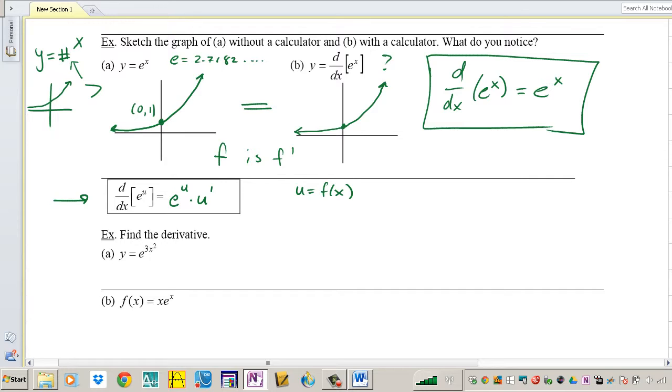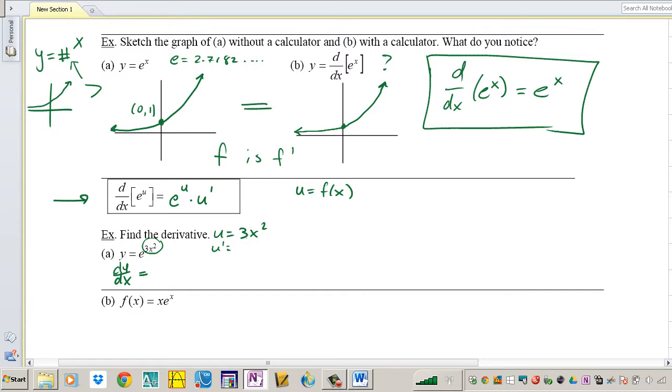Letter A, find the derivative of y equals e to the 3x squared. Okay, so the derivative dy/dx is equal to, well, let's go ahead and break this up. If I follow my chain rule formula, u is 3x squared. Now, we all know the derivative formula is right above, so I must need a u prime.